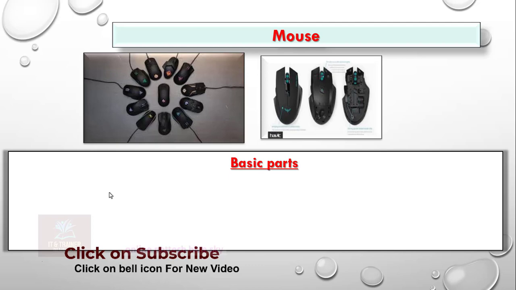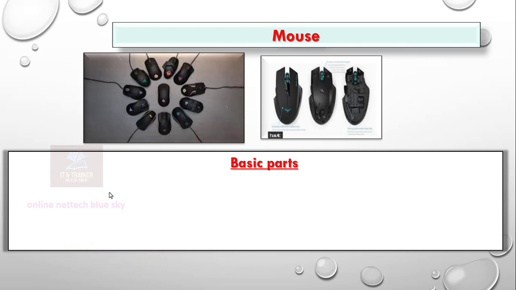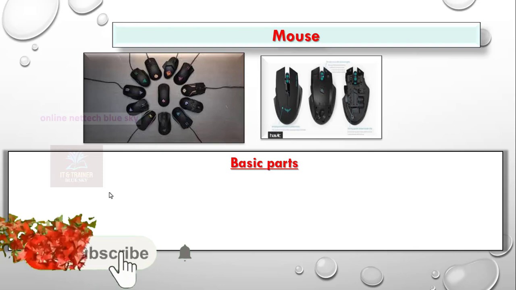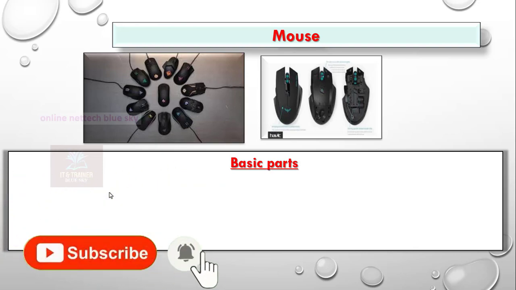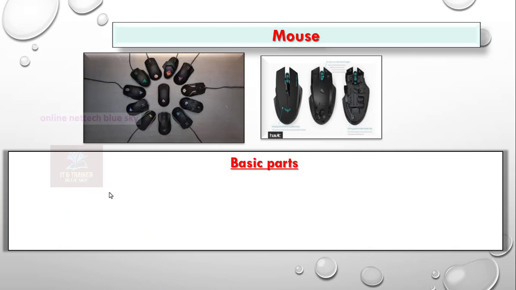Especially for Photoshop you need a mouse, because Photoshop is software for photography, photo editing and creating graphics. If you want to create graphics and animation, you need a mouse. Next time I will continue with the basic parts of the mouse.